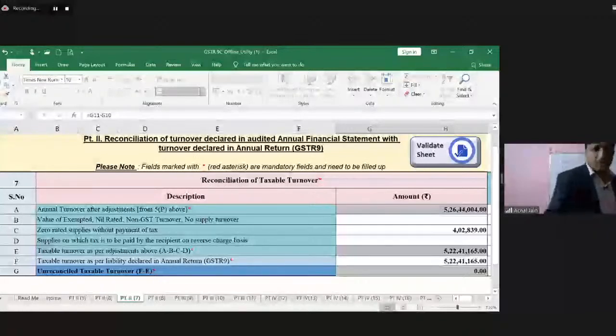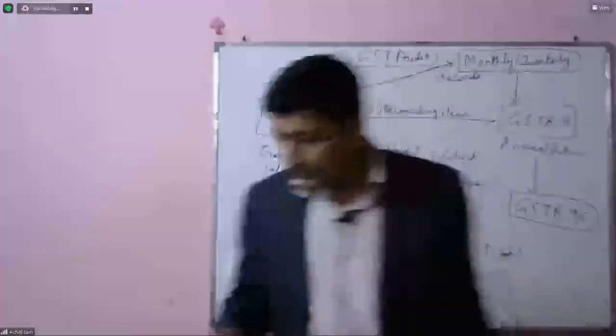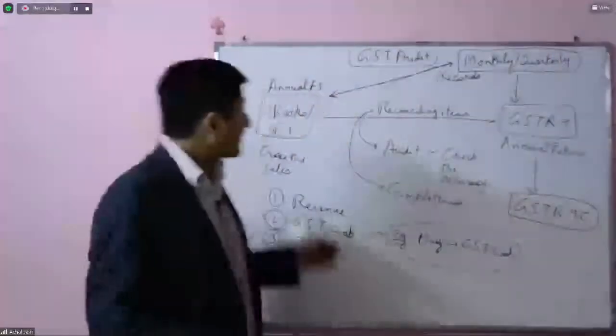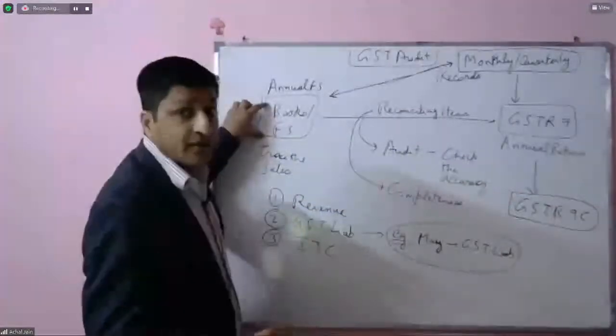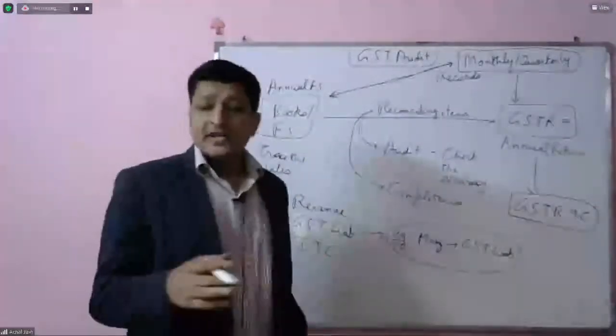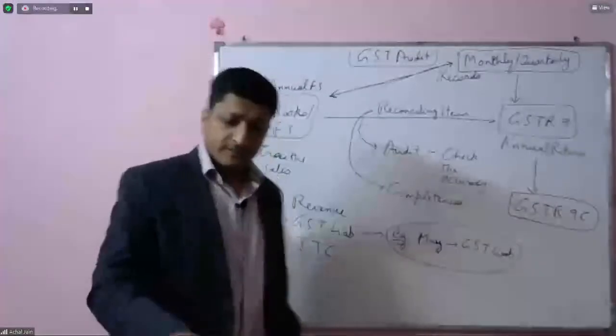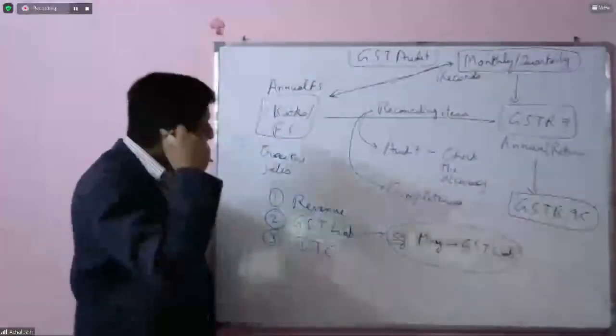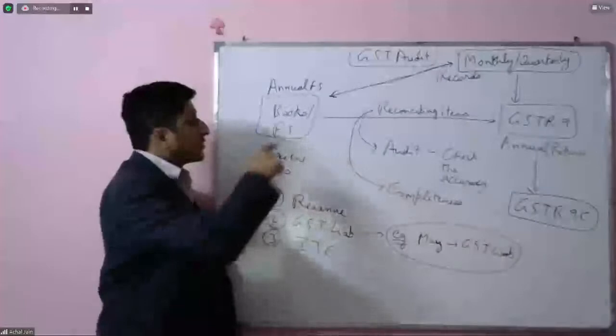So let's come back to this point. What do we mean by this? So we are starting with the books, and the books contain various types of turnovers. So various types of sales will be captured over here.